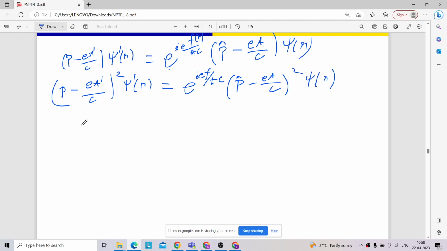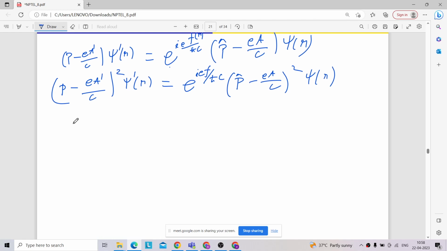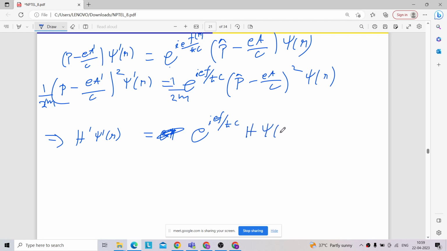Now I can divide by 1 over 2m on both sides, and I can take 1 over 2m here. So this H prime acting on psi prime of r is giving me, this is nothing but H. So this is giving me e to the power i e f by h cross c, H psi of r.